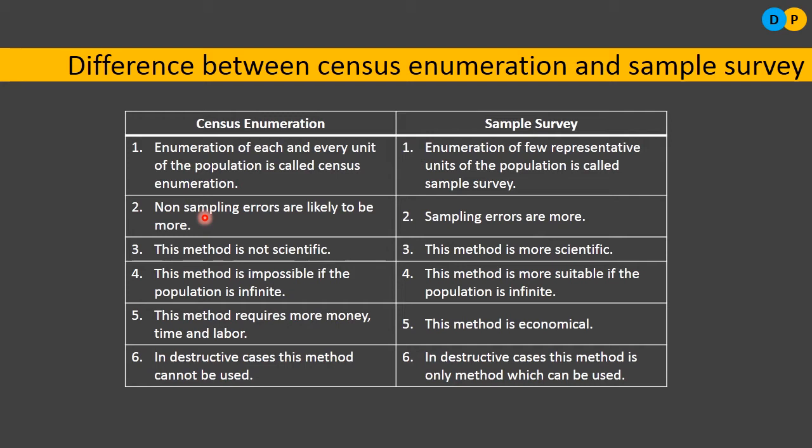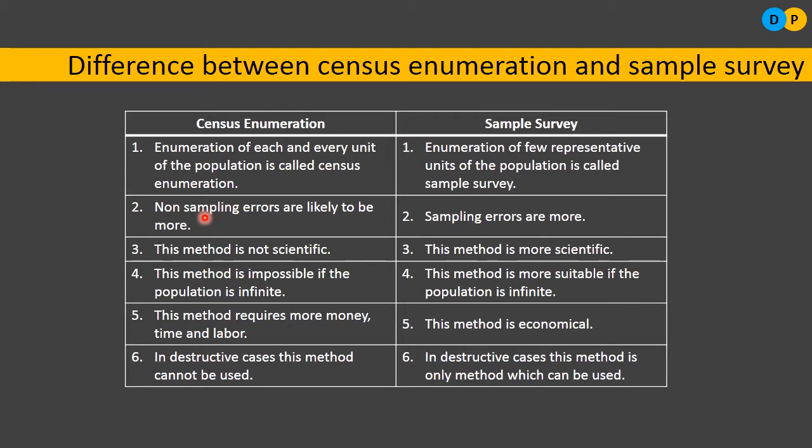What are sampling errors? From the population you consider only a few representative units. While taking the sample, the investigator may be biased, or the sample may not truly represent the entire population. So there are some errors that might arise, and they are referred to as sampling errors.